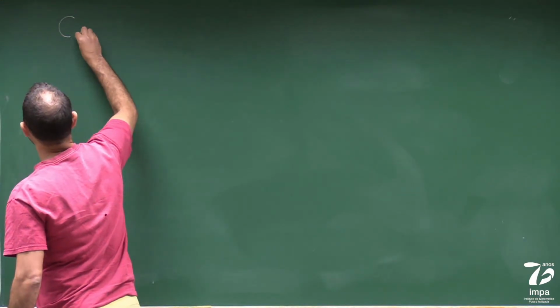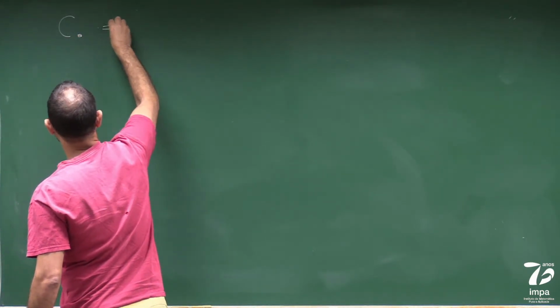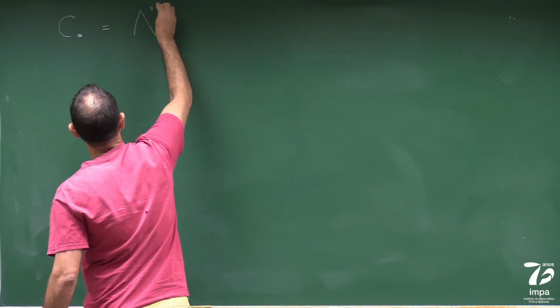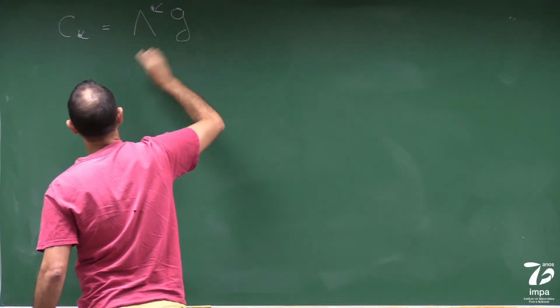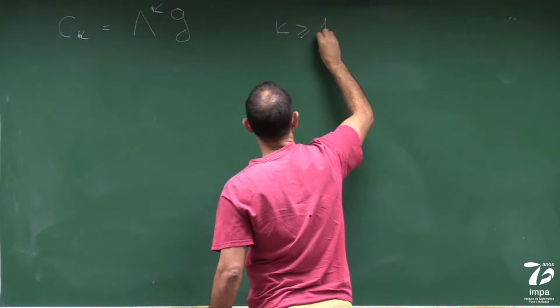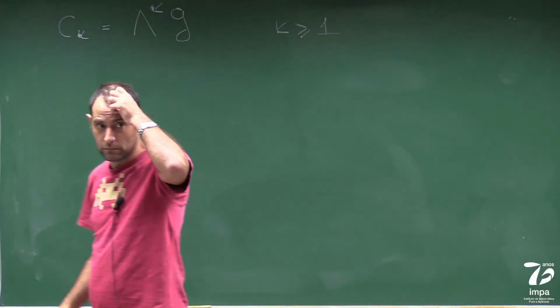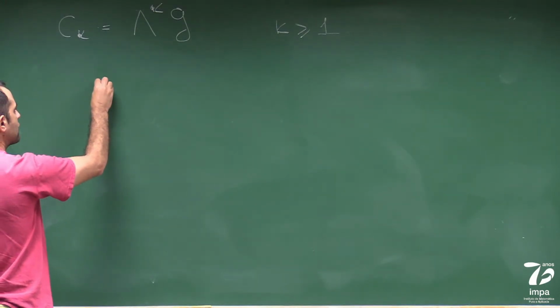And I'm going to construct 2 complexes. This complex is going to be the complex that takes wedge k of G, and this is well defined when k is bigger or equal than 1. And I'm going to write down explicitly the differentials.